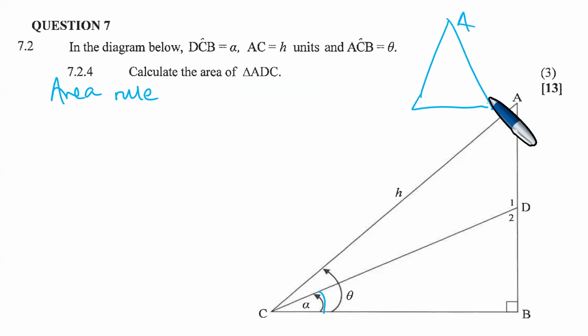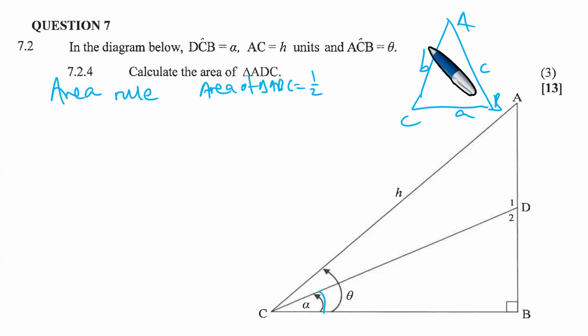If this is A and this is B and this is C, so that we have the area of triangle ABC, the area of this triangle can be stated in three ways because there are three vertices.